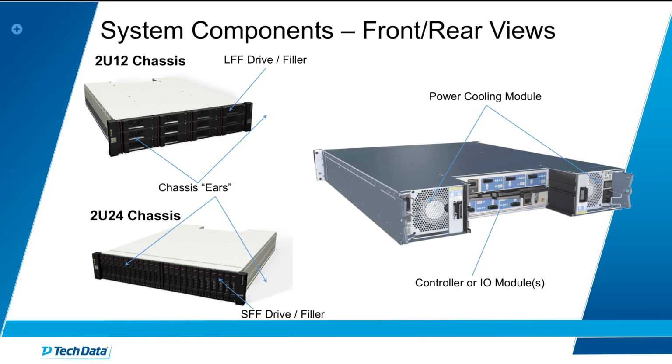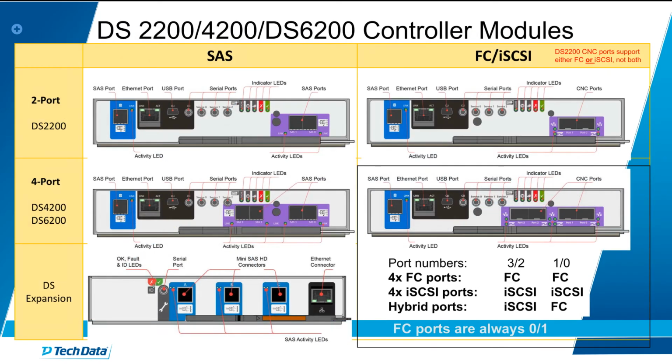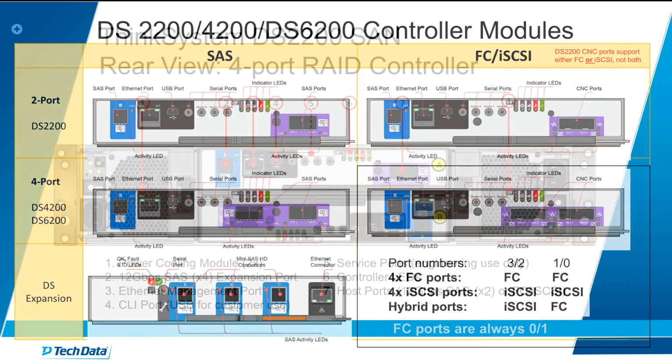The rear view of the system includes dual power supplies and dual I/O modules. The DS2200, 4200, and 6200 controller series will include either SAS controller capabilities with 2-port, 4-port, and expansion into SAS, or fiber channel / iSCSI controller capabilities with 2 ports and 4 ports.